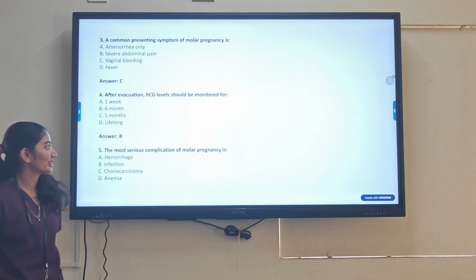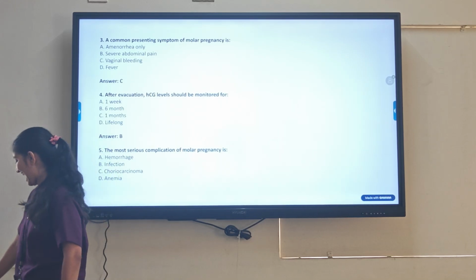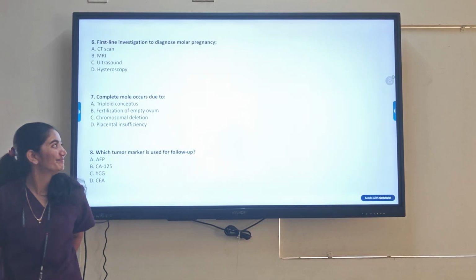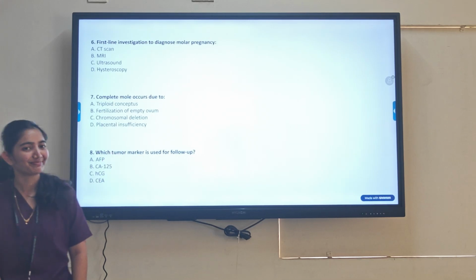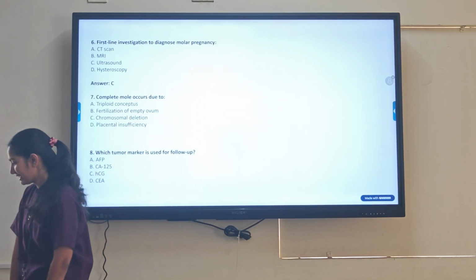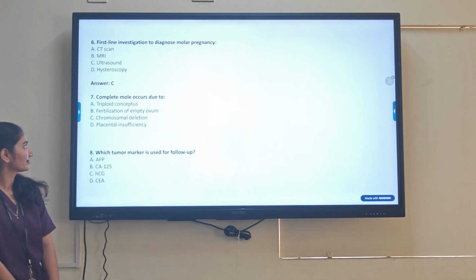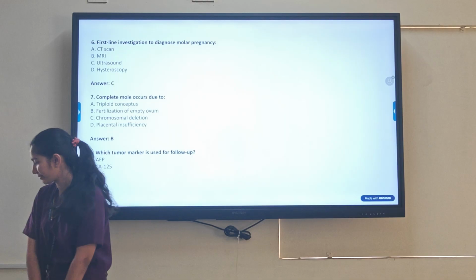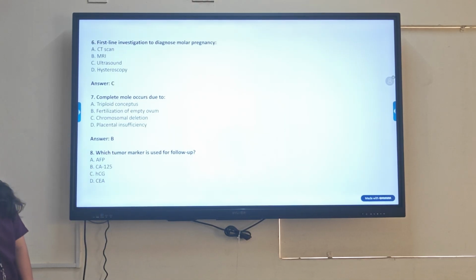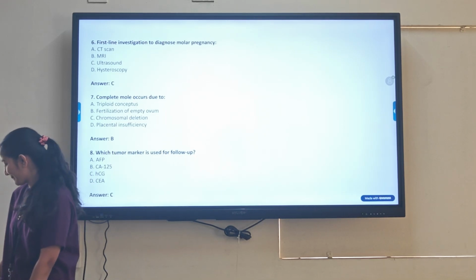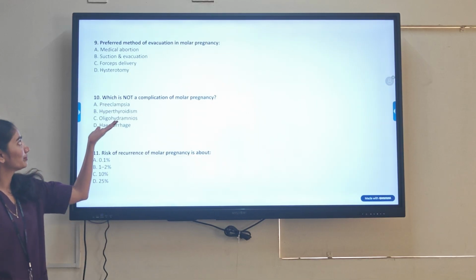The most serious complication of molar pregnancy could be... First line investigation to... Complete mole occurs due to what? Which tumor marker is used for follow-up? Preferred method of evacuation in molar pregnancy?